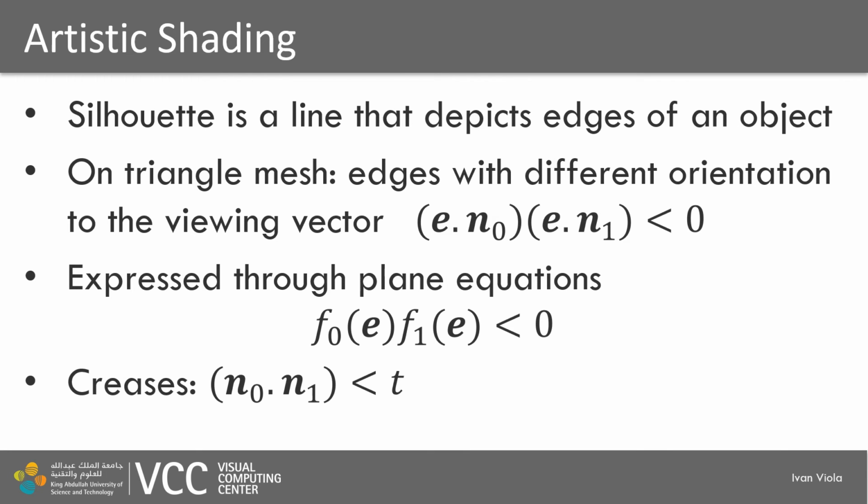Diffuse shading and highlights together form an illumination model which somehow mimics realistic shading or light transport. So this illumination model will somehow look like a realistic scenario. It will not be very realistic.